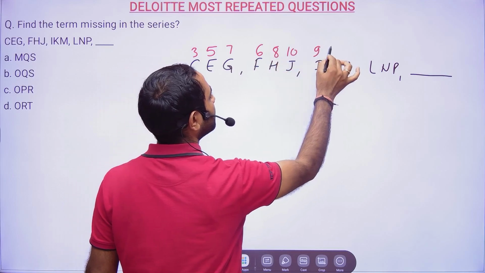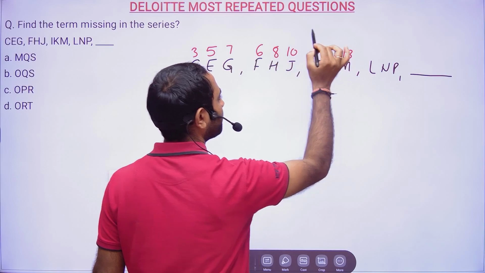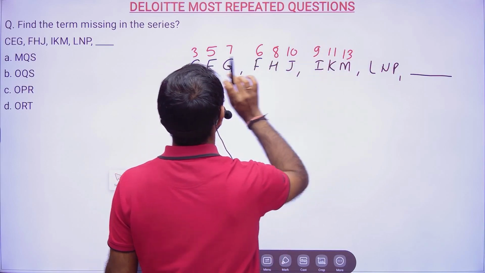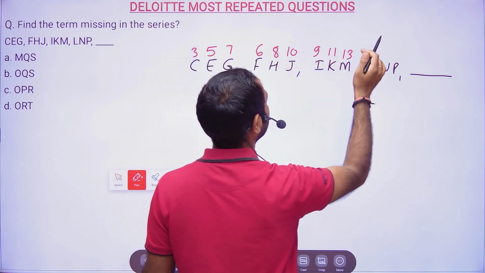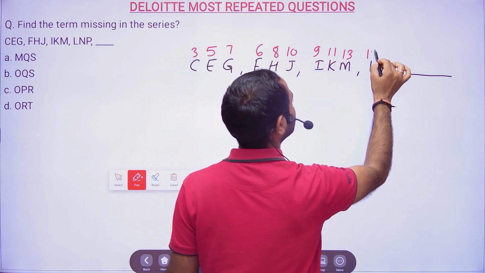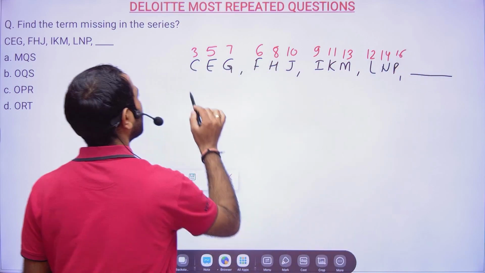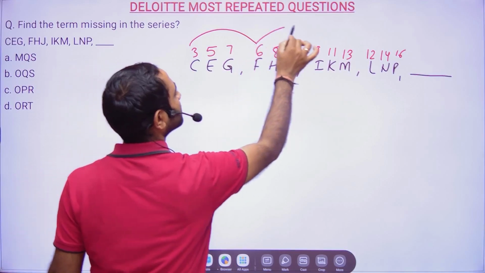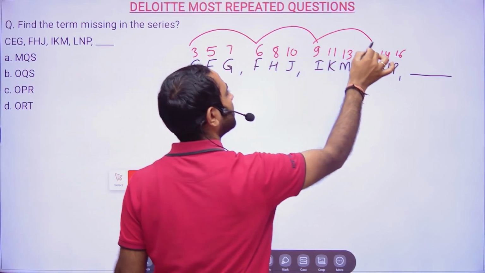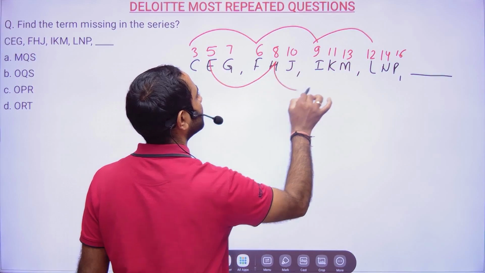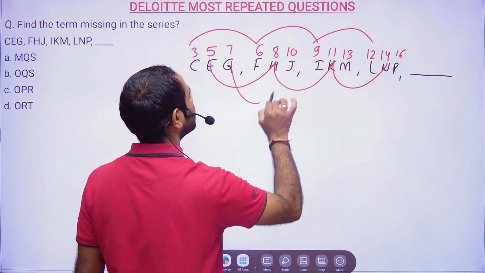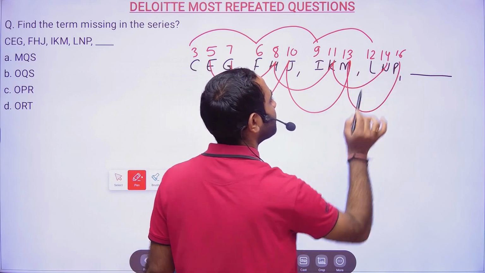I is 9, K is 11, M is 13, and L is 12, 14, and 16. Okay. Now what I could see is, so 3, 6, 3, 3, 6, 6, 3, 9, 9, 3, 12. 5, 3, 8, 8, 3, 11, 11, 3, 14. 7, 3, 10, 10, 3, 13, 13, 3, 16.